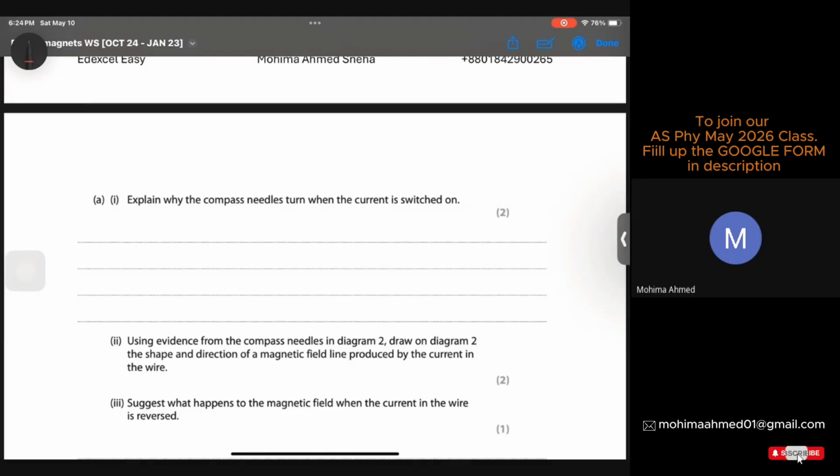Because when the current is switched on, the wire has some magnetic field lines. So those provide the direction of the magnetic field lines around the current, right? They're giving you 2 marks. That means it should be that current provides a magnetic field line.